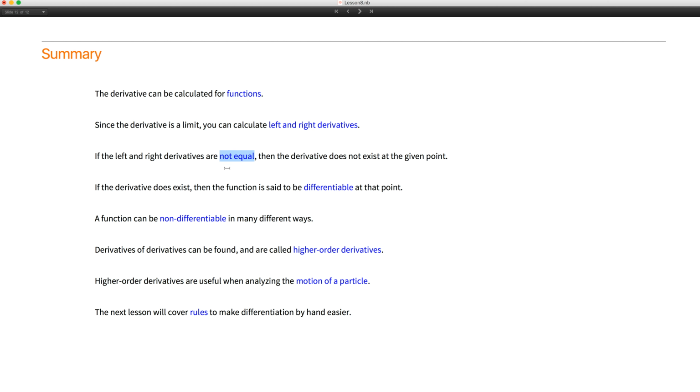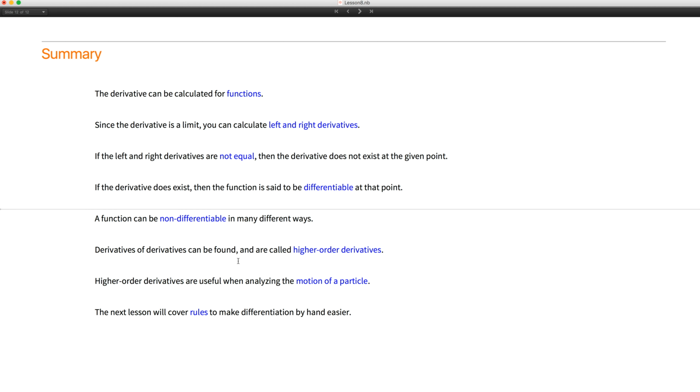And if it does exist, then the function is differentiable at that point. So you've got differentiable functions and non-differentiable functions, which can occur in many ways, like you're at a corner, you're at a cusp, etc. But as I said early on, most functions will be differentiable almost everywhere.